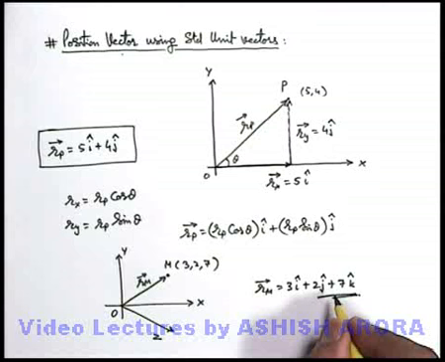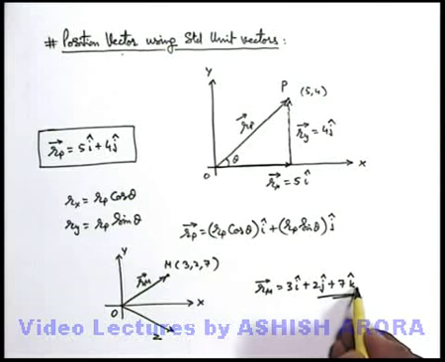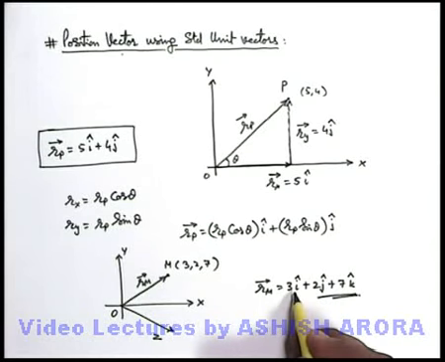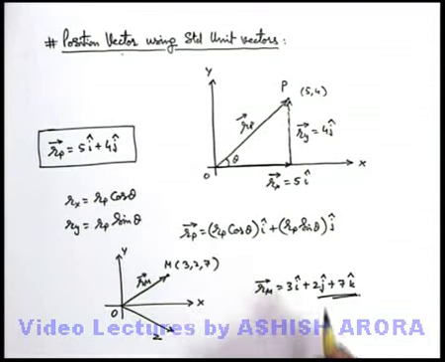So it is quite easy to express a position vector in terms of standard unit vectors. You just need to multiply the respective unit vector with the coordinate of a point to find its position vector.